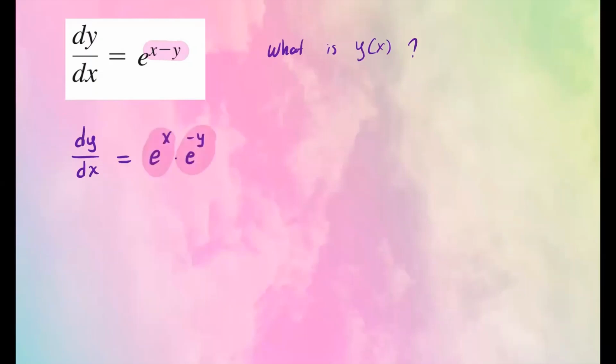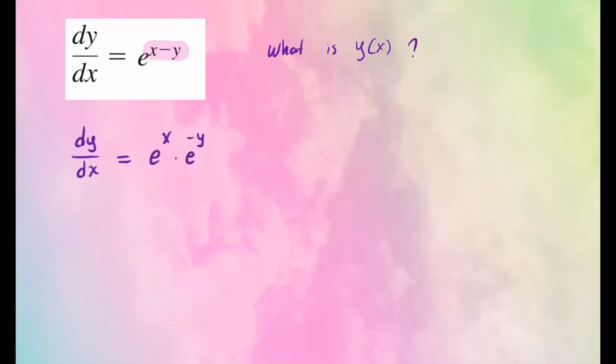For this example, we want to know what is our solution, y of x, to this differential equation. And this is separable. If you notice, you can separate these by using laws of exponents. So let's rewrite dy/dx is equal to e to the x times e to the negative y. By laws of exponents, I'm separating them. Now here I have a function of x, here I have a function of y.